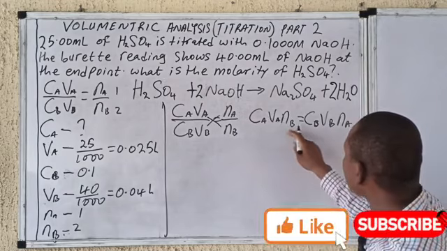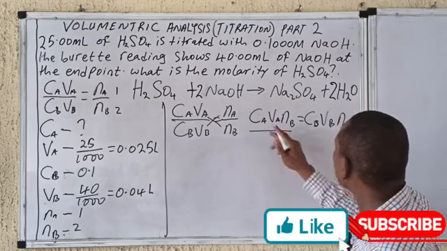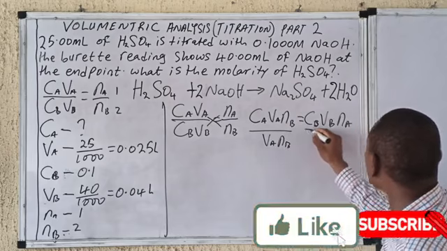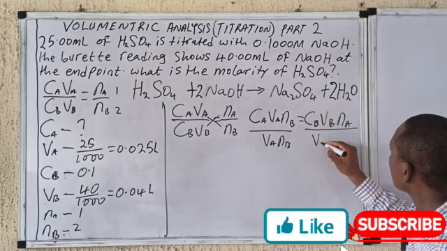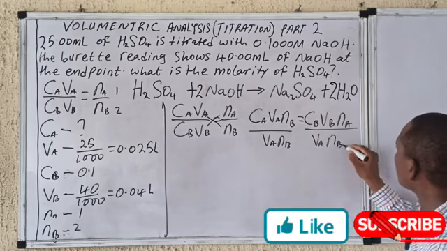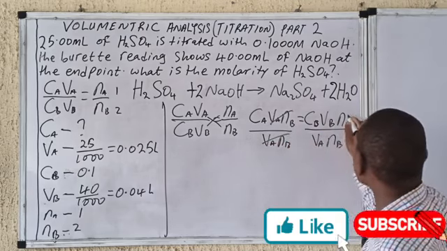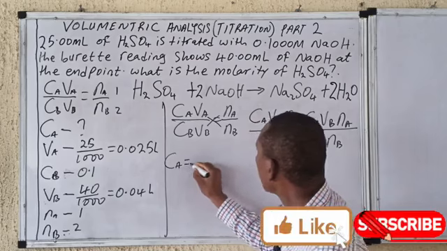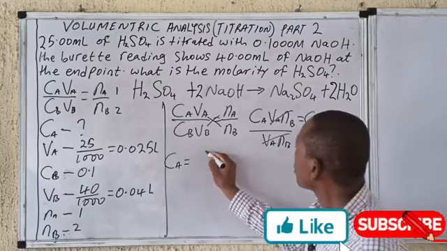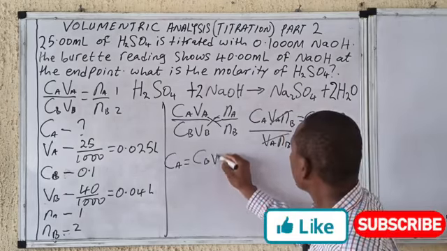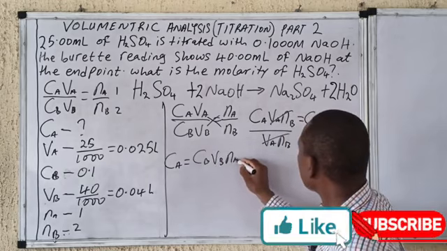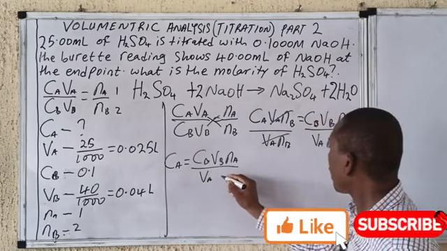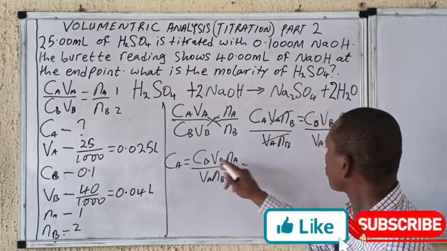I'll divide both sides by VaNb. This will cancel out, and we'll now have Ca equal to CbVbNa all over VaNb.